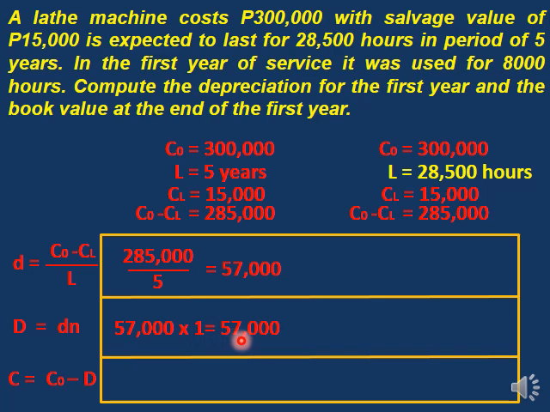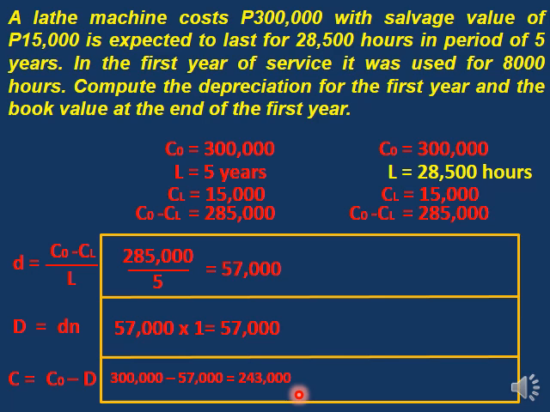The total amount depreciated after a year is 57,000. The original cost of 300,000 less that depreciation is 243,000. Meaning, if we kept this machine in the warehouse and not performing any work, the book value after a year will be 243,000.